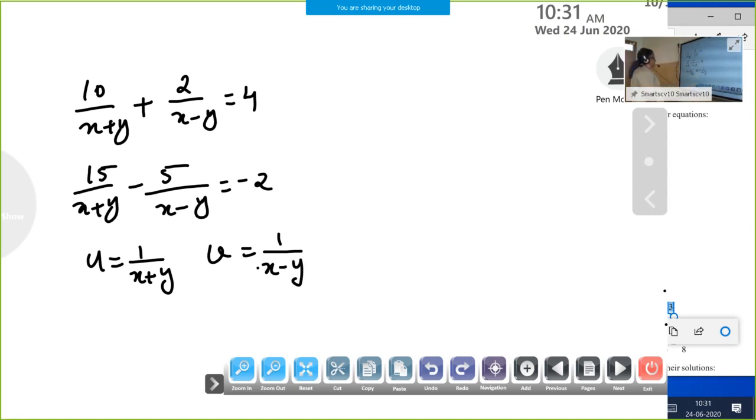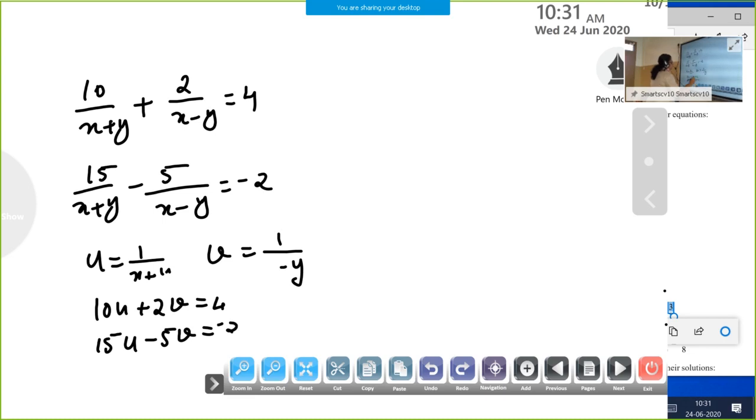That means the equations become 10u plus 2v is equal to 4, and 15u minus 5v is equal to minus 2. This is equation number 1, 2.